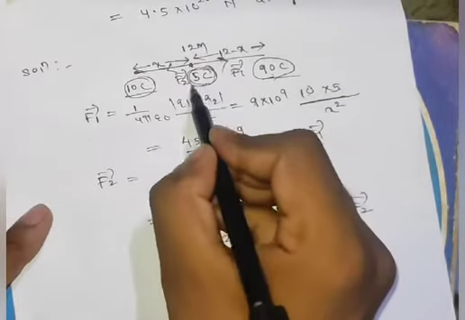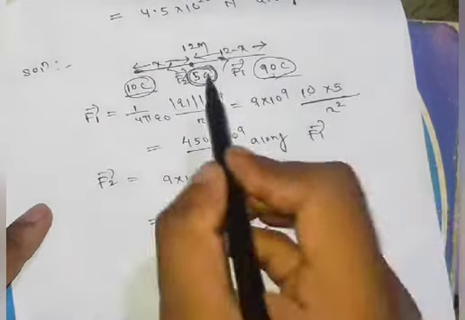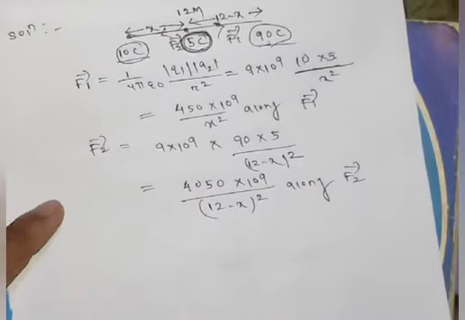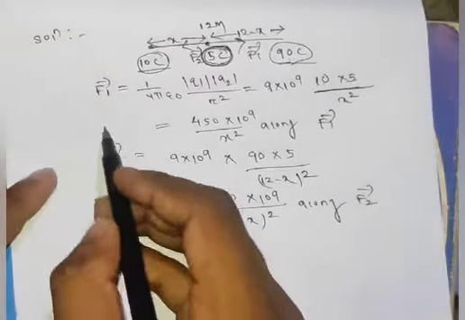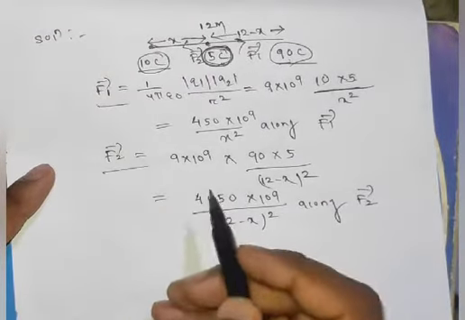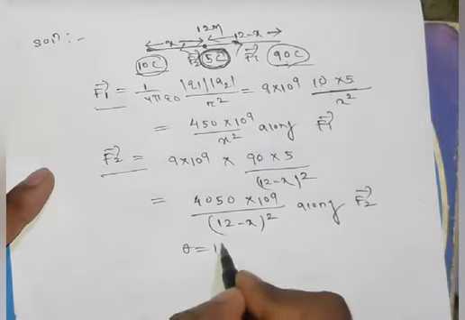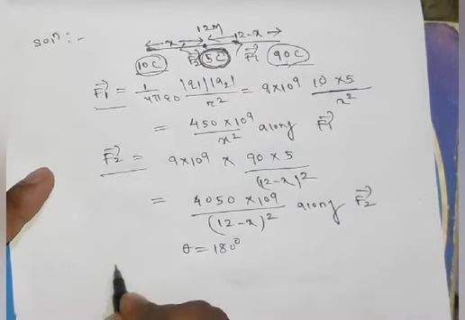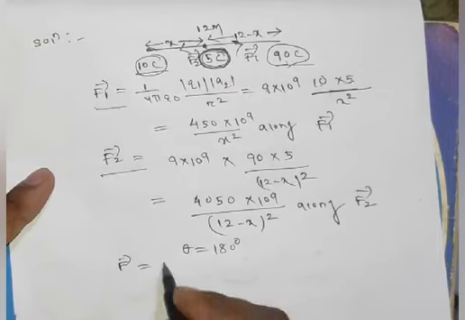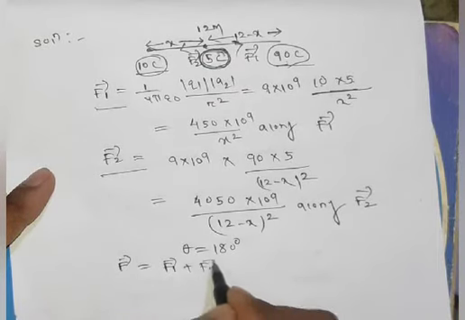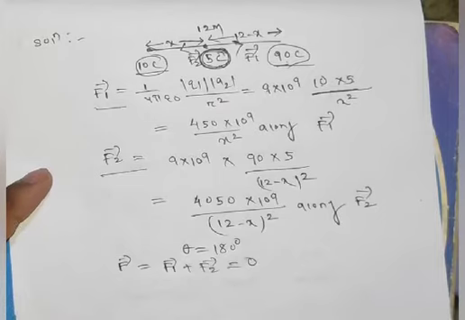So for the 5 coulomb charge to be in equilibrium, the force acting on it should be 0. Here F1 and F2 are oppositely directed, so theta will be 180 degrees, and the resultant force will be the vector sum of F1 vector and F2 vector. That should be 0 for equilibrium.